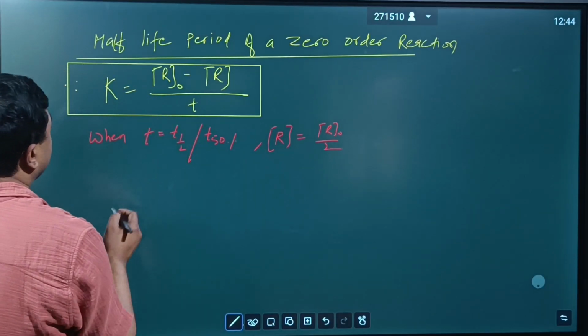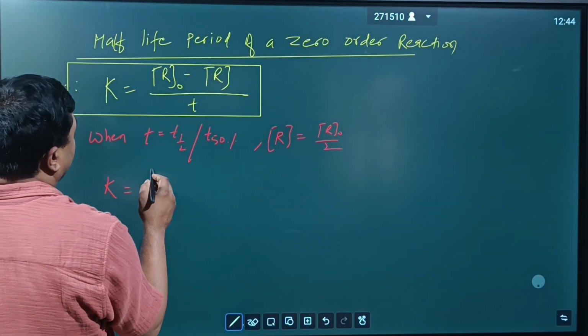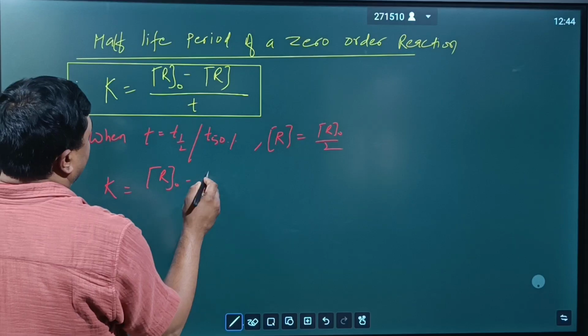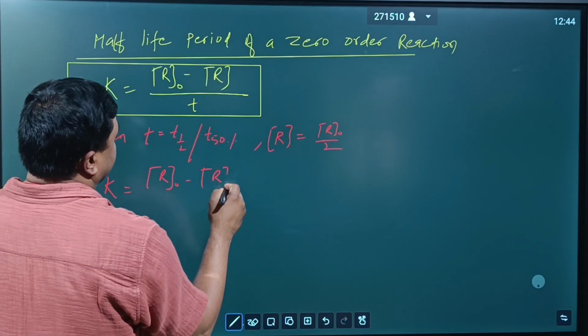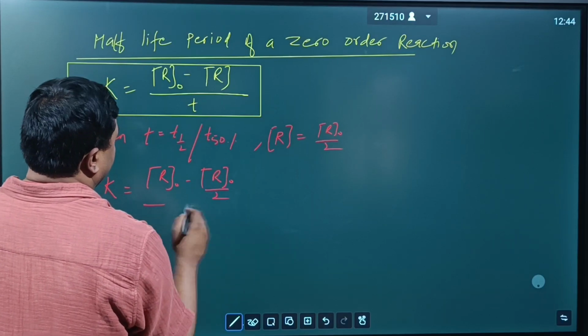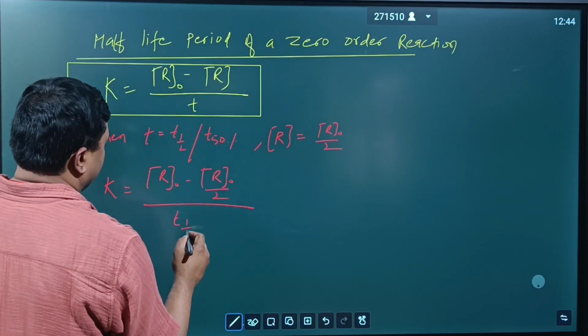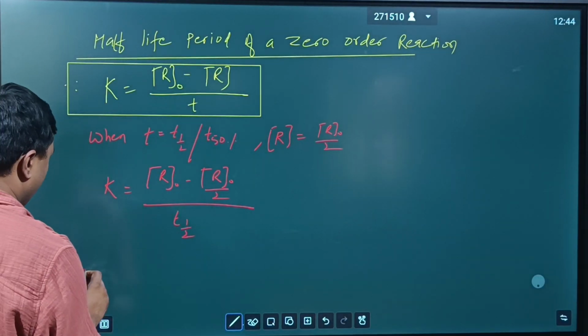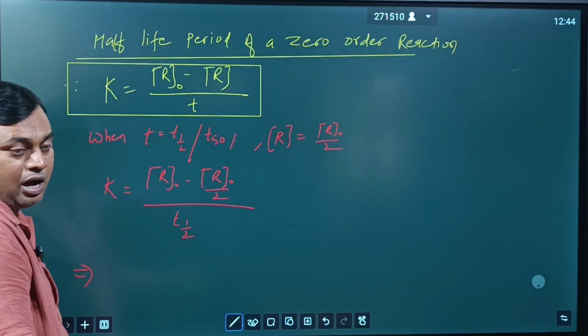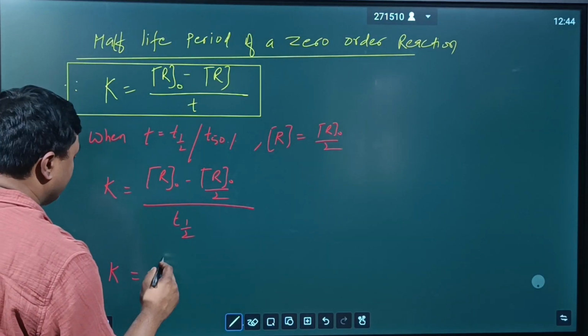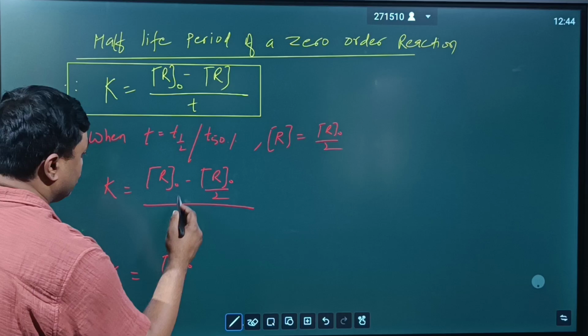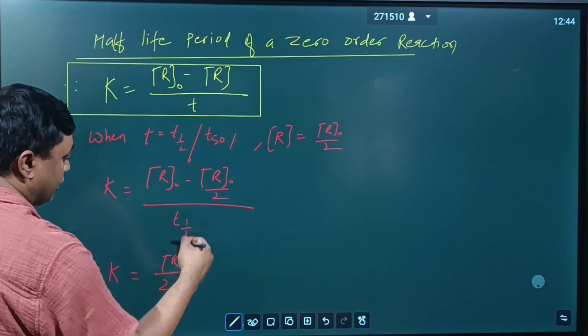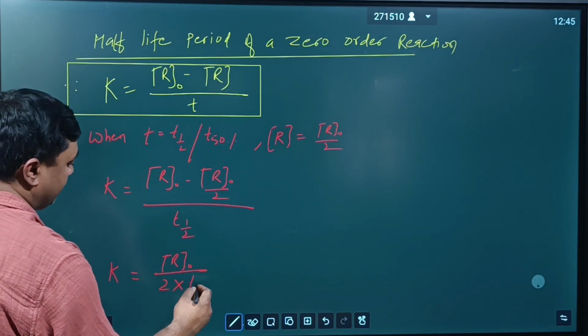Now substitute this value. K is equal to initial concentration R naught minus final concentration R naught by 2, divided by time, T half or T 50%. Now 1 minus half is half, so K is equal to R naught by 2, so 2 will come to the denominator, into T half.